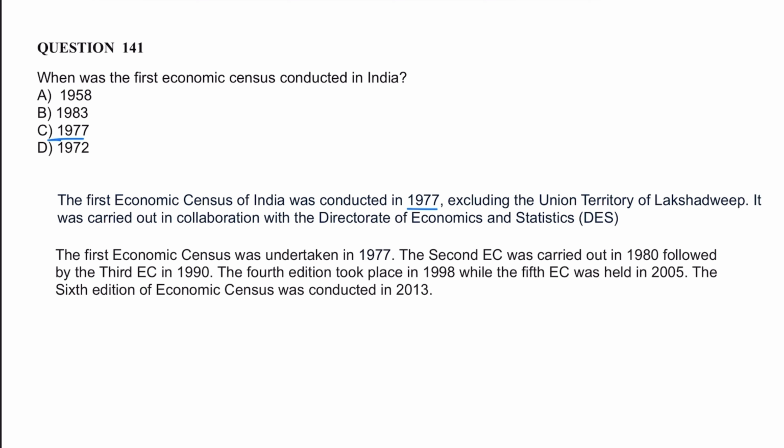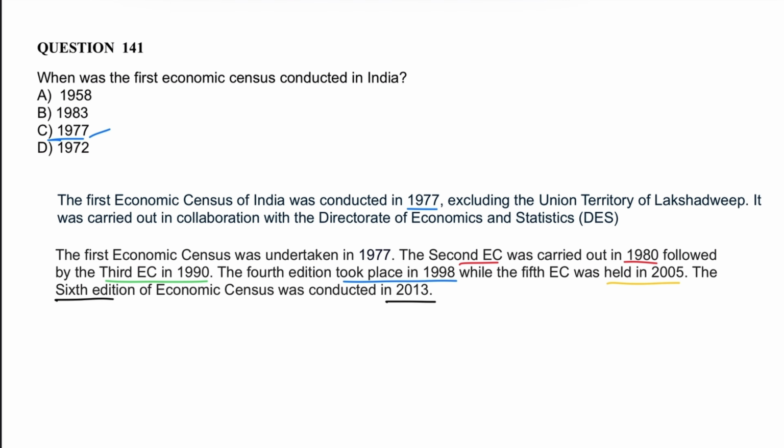Similarly, the second economic census was conducted in 1980 and the third in 1990. The fourth took place in 1998, the fifth in 2005 and the sixth in 2013. In the question, they have given the first economic census, that is 1977.